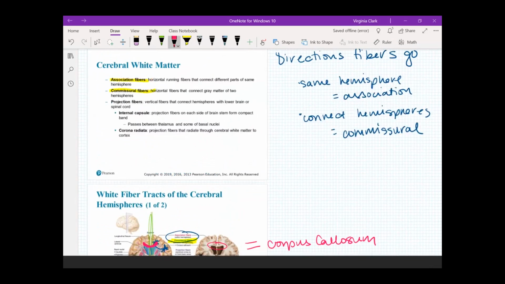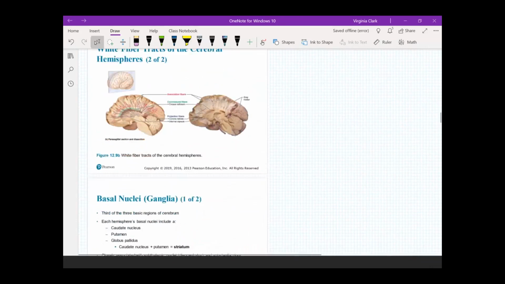And there's another type of fiber direction it can go. It can actually go essentially lower brain to upper brain. So it can connect height within the brain. It will travel from low to high. These are going to be projection fibers. So you're projecting things from one area to the other. This one's hard to see from this perspective, but it's great for this perspective for you to be able to see that we are actually sending information from here to here.